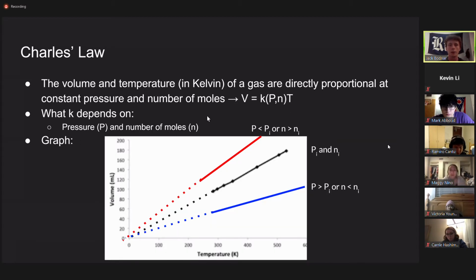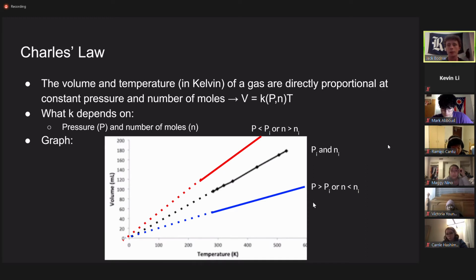Moving on to Charles' law, volume and temperature are directly proportional for constant pressure and moles. Mathematically, we can write this as V equals K(P, N) times T, where K depends on pressure and moles. Looking at the graph, this black line is our initial pressure and moles.